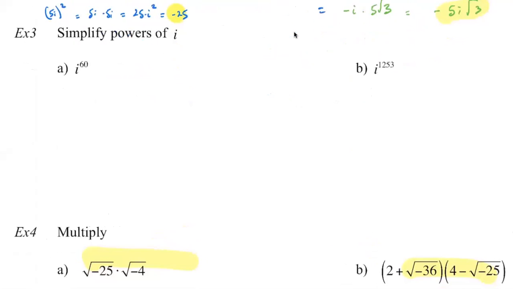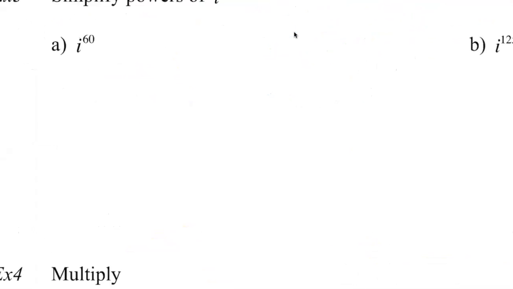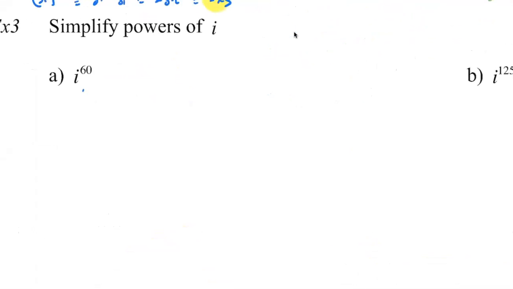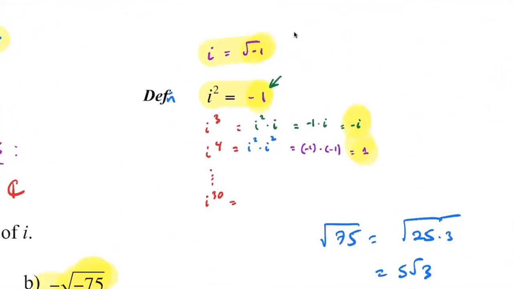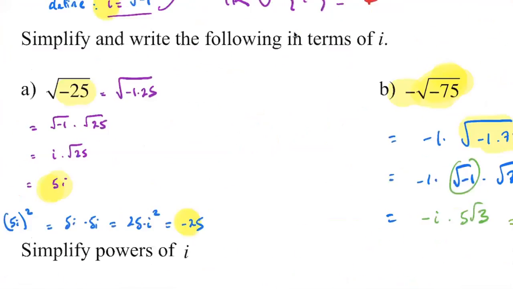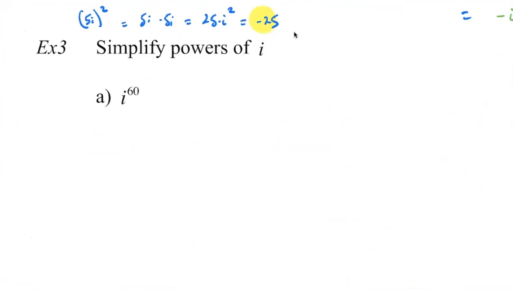i to the 60th power: we want to figure out what this power of i becomes. Using this result up here, the 4 different powers of i, we have these 4 results. So what we can do is, well, 60th power. We know that i to the 4th is 1.